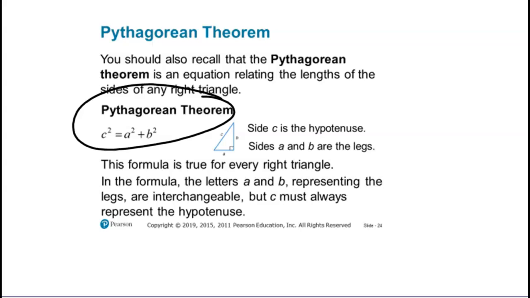And so this can be written as a squared plus b squared equals c squared, or c squared equals a squared plus b squared, or you can also write it by taking the square root of c and being able to move that around so that you have a and b isolated. So make sure that you're familiar with being able to use the Pythagorean theorem.